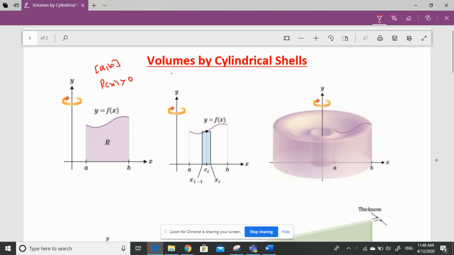Also, I have a region R bounded by the function f of x and the x-axis on the closed interval from a to b. What we need now is to revolve this region R around the y-axis.